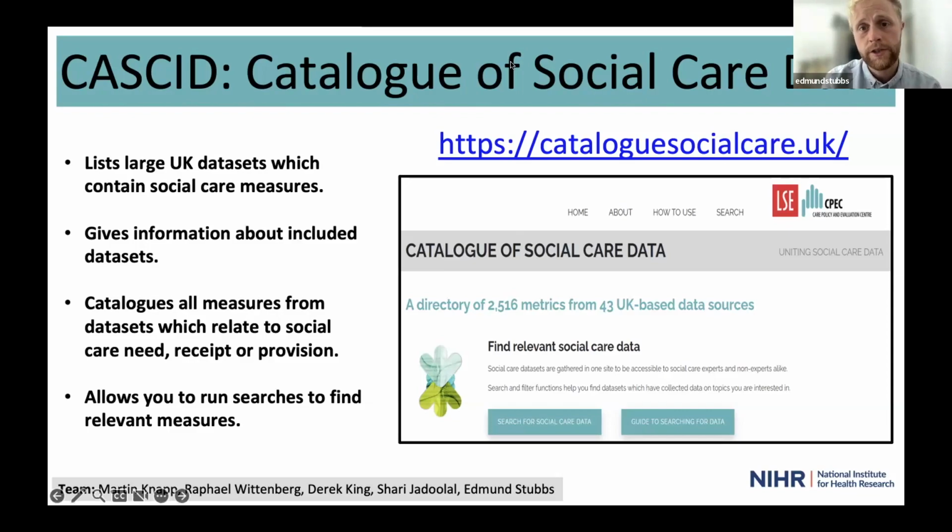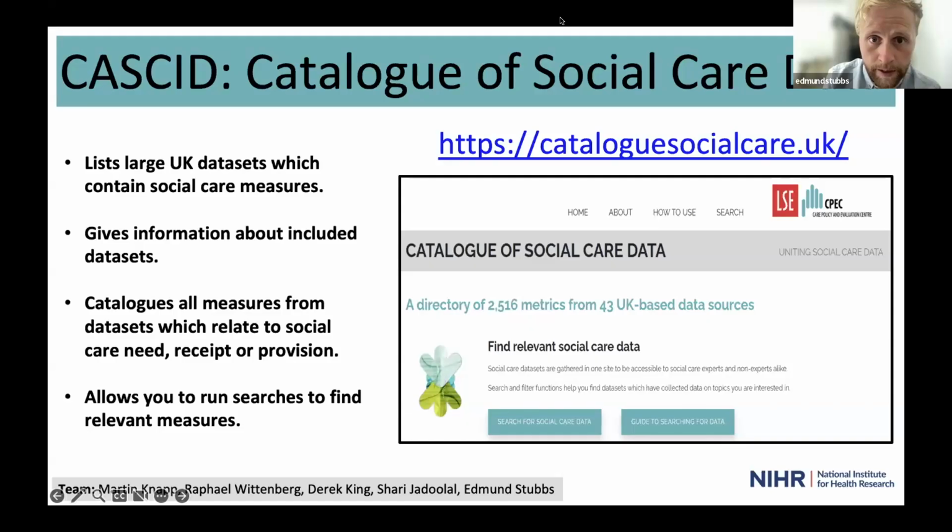You can search either via data sets, or you can search down the huge list of all the measures from all the data sets, and all of them will concern social care. So we've gone through each of these data sets and only brought in the measures that concern social care. We don't provide the data itself. This tool is just to help people know what is out there.